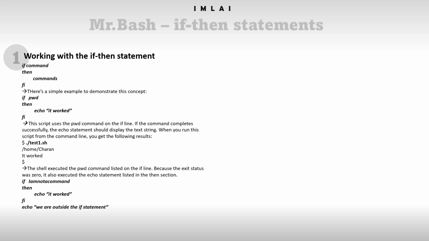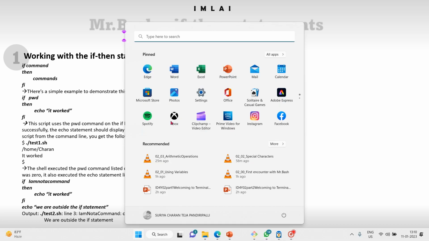Okay, we'll add one more statement outside the if statement. Whatever command you mention, if it comes up with an exit status code other than 0, it won't enter into that statement itself, it will directly come out.